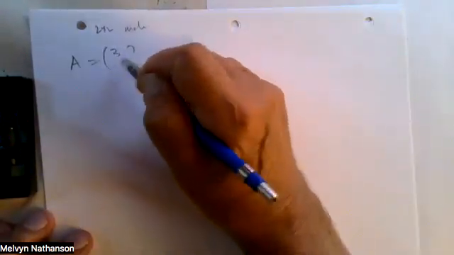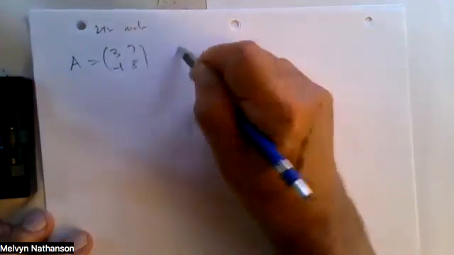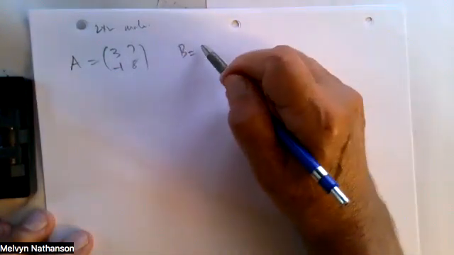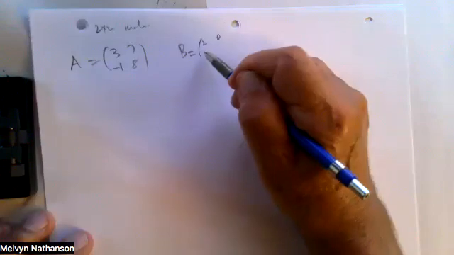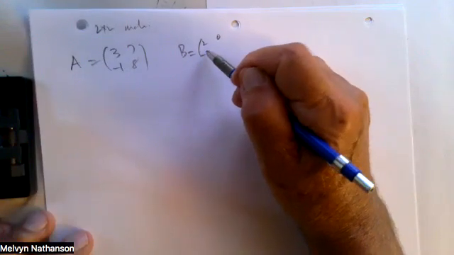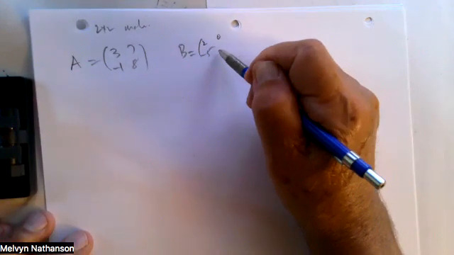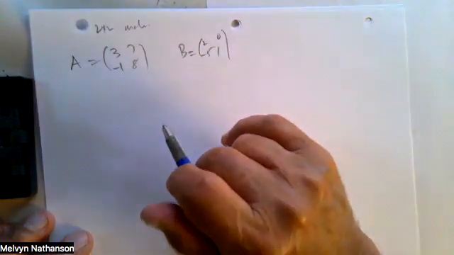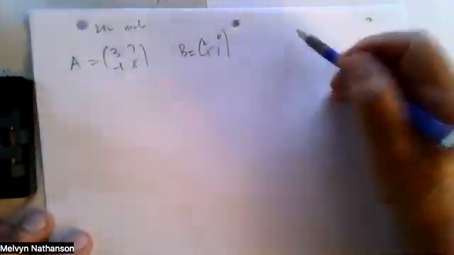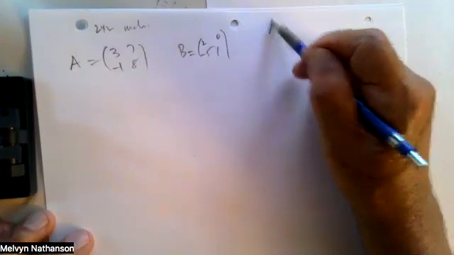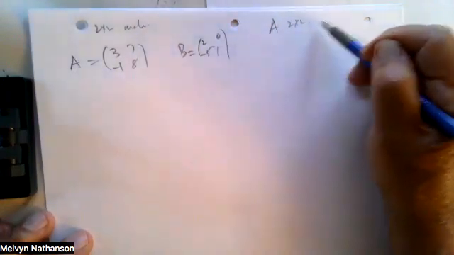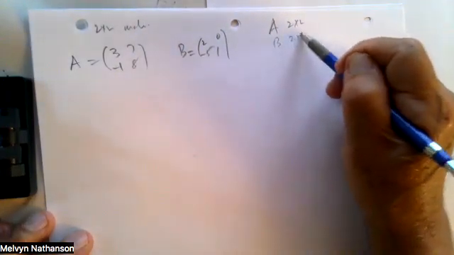So suppose A is, I don't know, 3, 7, minus 1, 8, and B is 2, 0, minus 5, 1. So A is 2 by 2, B is 2 by 2.